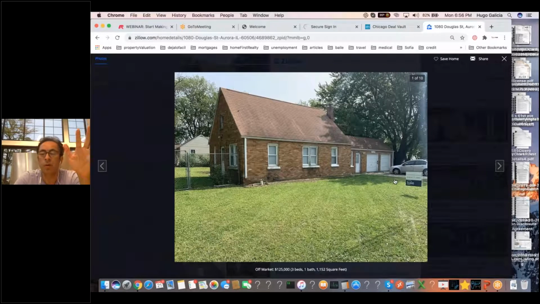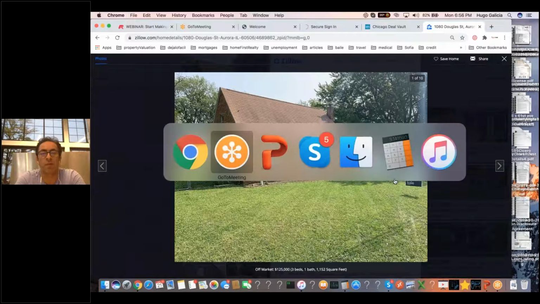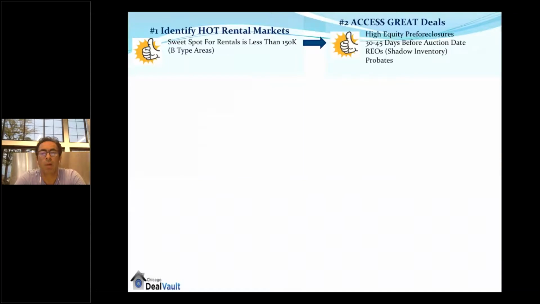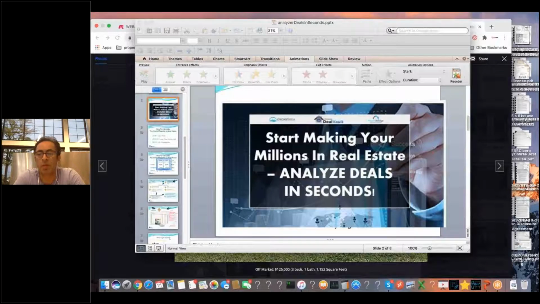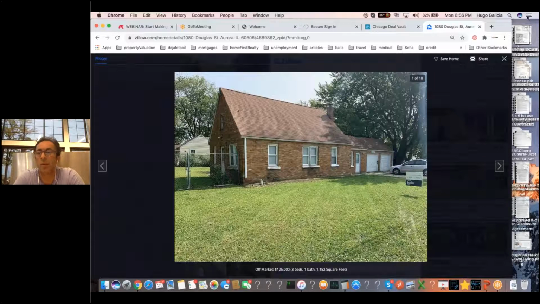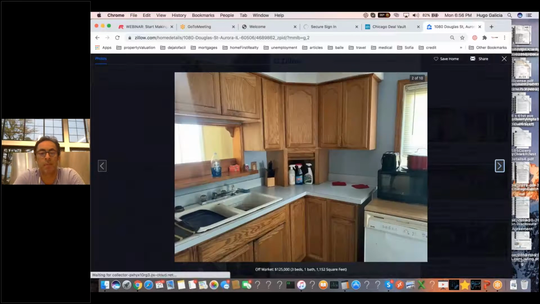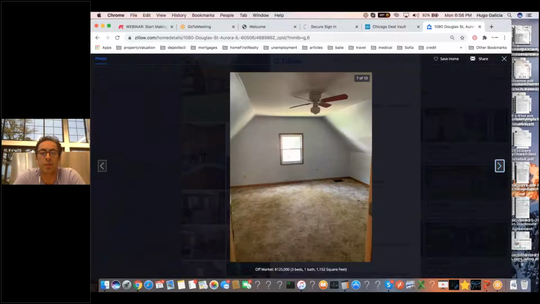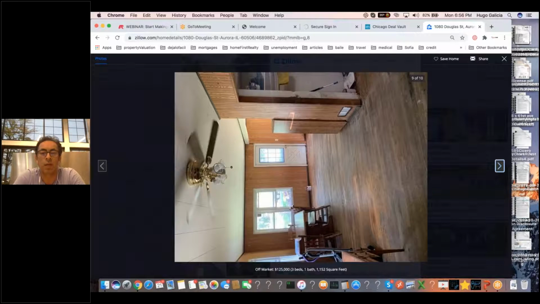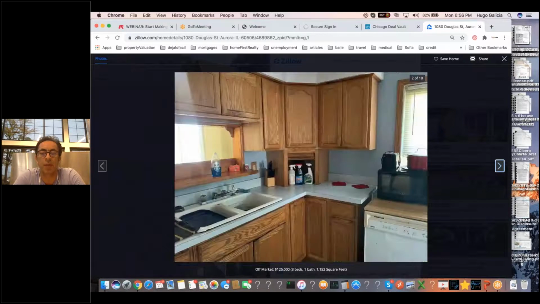So remember, if you don't remember the cheat sheet that I gave you, up above for the numbers, this falls under the first column, okay? So now let's see what the pictures look like and see if it's a light, medium, or heavy rehab. Okay, so you need to update the kitchens. Everything is pretty dated, right? Hopefully we get to see a picture of the bathroom.